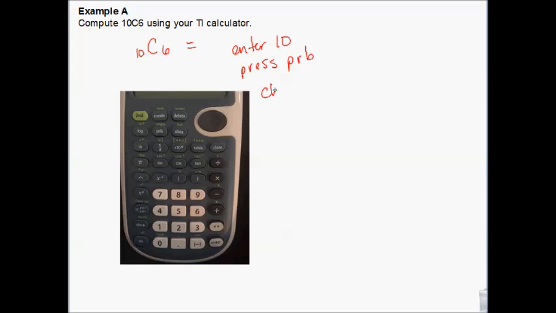I'm going to choose 2, which is nCr. I'm going to enter 6, and then I'm going to press enter. And when I do that, I get 210. Not too bad.